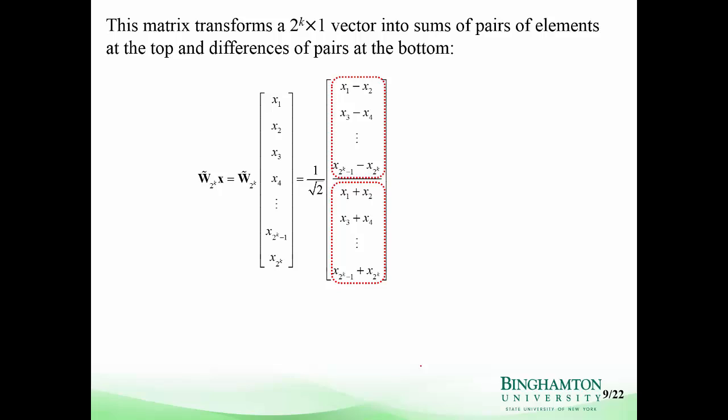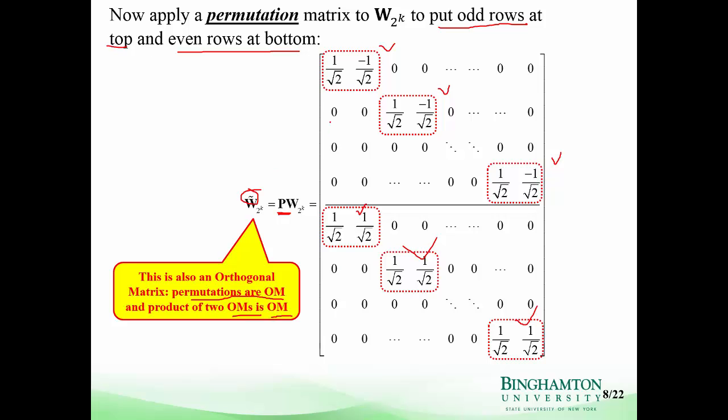Okay. So this matrix transforms a 2k by 1 vector into a 2k by 1 vector because it's a square matrix. So if we just put in this vector and we index it x1, x2, all the way down to x2k, we can see that what we get, if we go back, remember this is going to take the first element minus the second element. Then this will take the third element minus the fourth element all the way down.